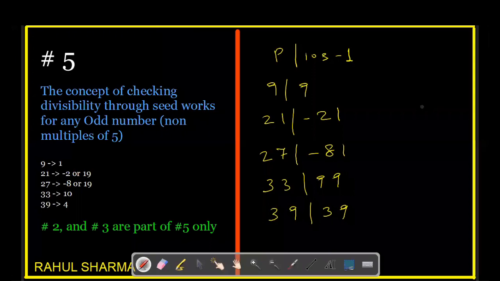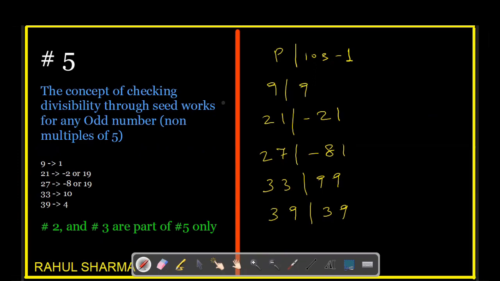So far we have been talking about p as prime only, but it is easy to see p does not necessarily need to be prime. It can be any odd number other than a multiple of 5. And the same logic applies, which is p has to divide 10s minus 1. So in case of 9, 9 divides 9. So our seed s becomes 1.